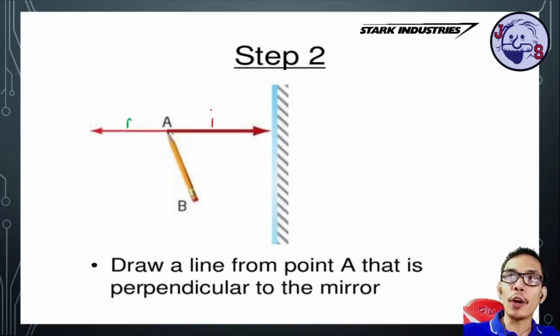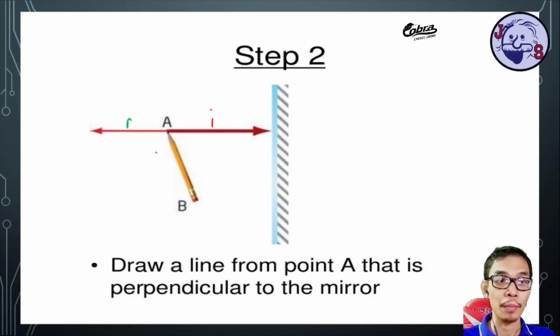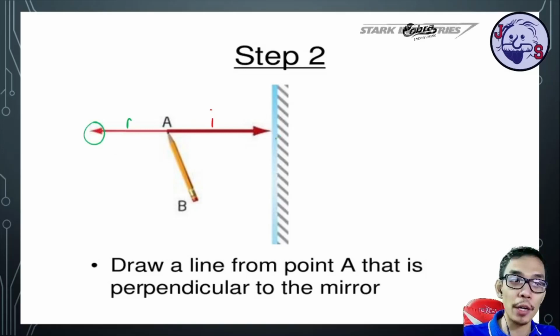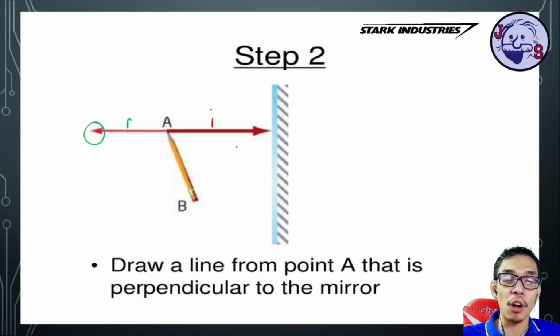So if the orientation of the incident ray is just like this, the orientation of the reflected ray is just like that, but in the opposite direction. That is why the reflected ray is going away from the mirror, because it is the one that bounced off the mirror. The incident ray is going towards the mirror because it is the one that strikes the mirror.